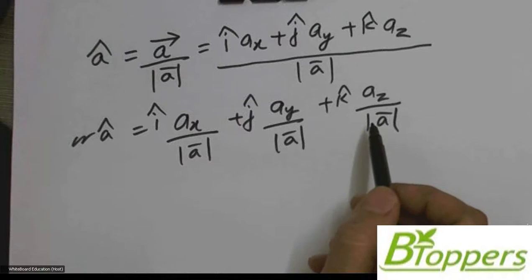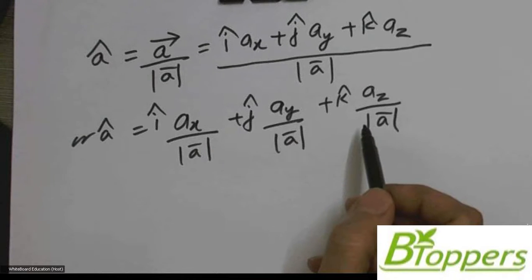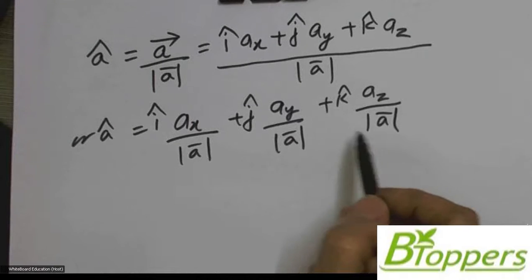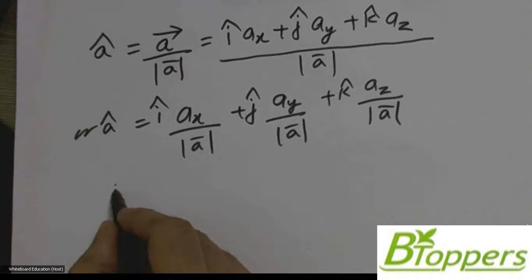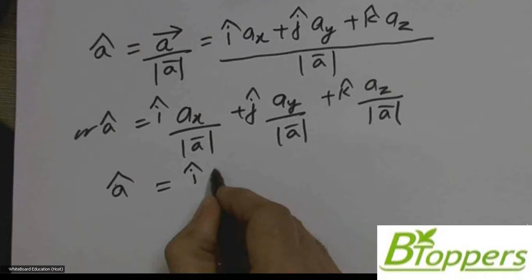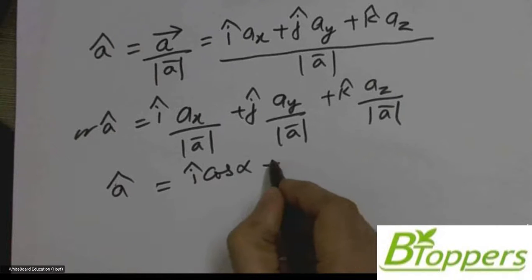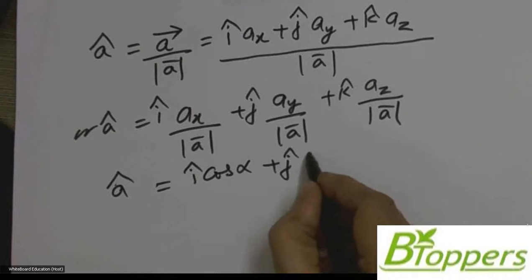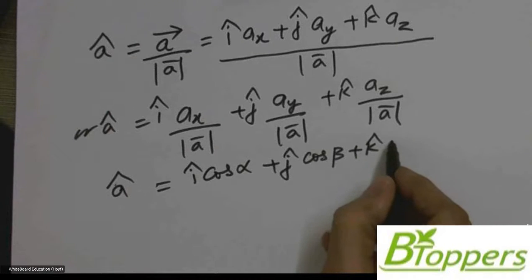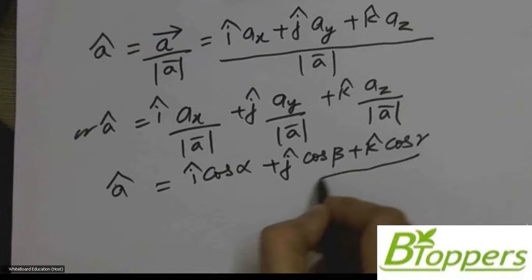If gamma is the angle made by the vector A bar with the positive direction of z-axis, then AZ by modulus of vector A bar can be written as cos gamma. Therefore, unit vector in the direction of vector A bar can be written as I cap into cos alpha plus J cap into cos beta plus K cap into cos gamma.